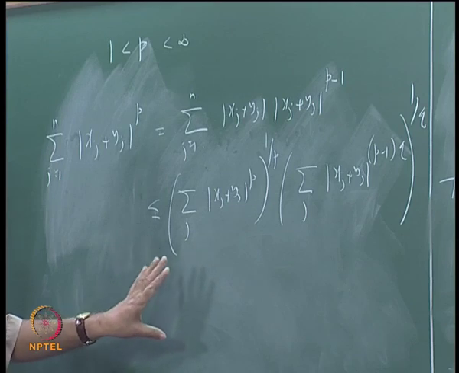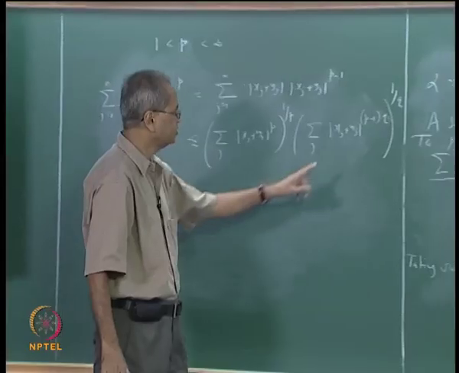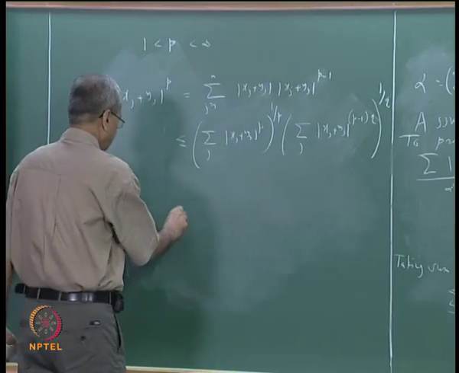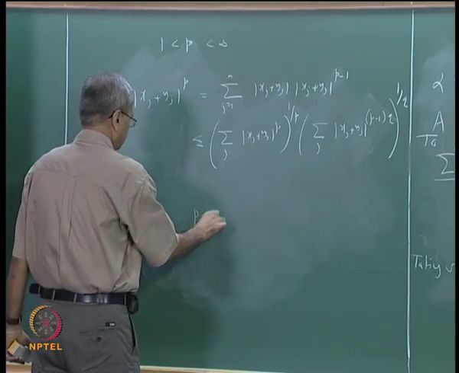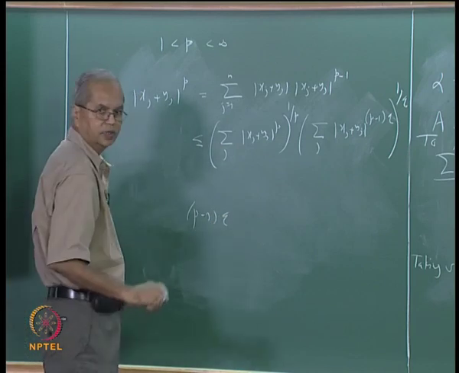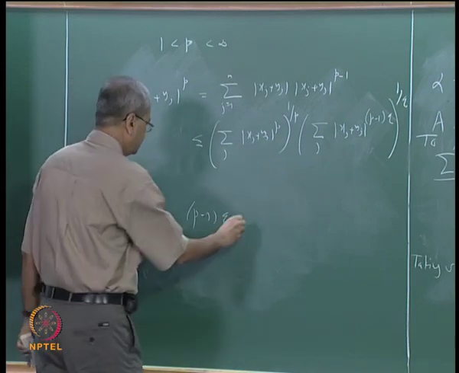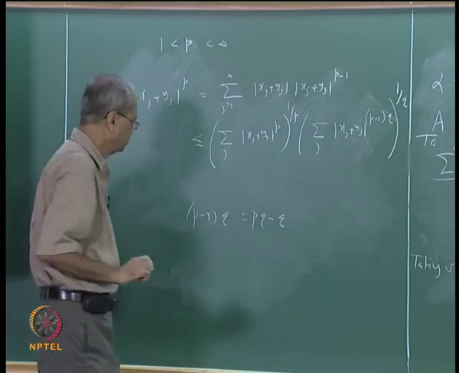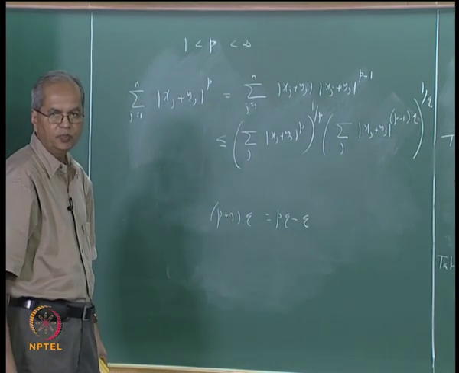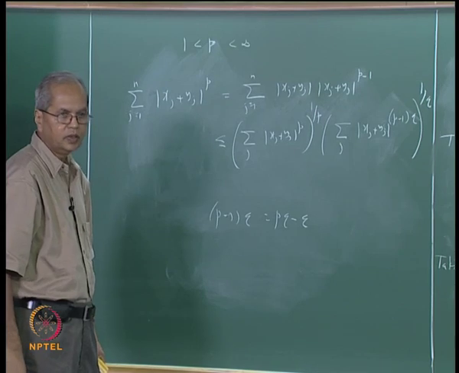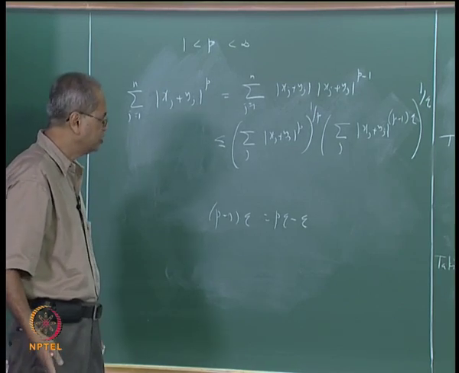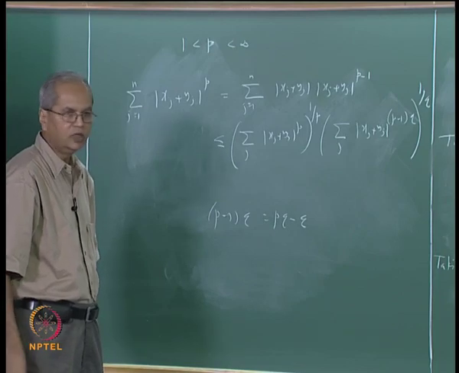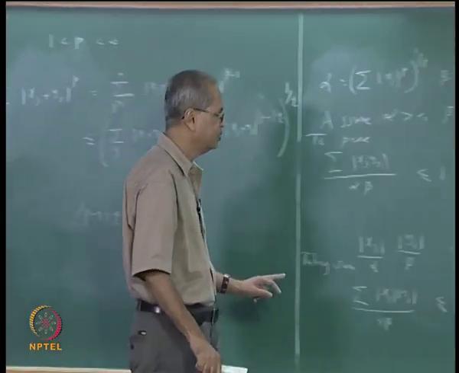Do you agree with this? Now let us just look at this exponent. What is the exponent here? It is p minus 1 into q. So what is that? It is pq minus q. Remember, till now we have not used the fact that p and q are conjugate exponents, we shall use it now. What is the relationship between p and q?